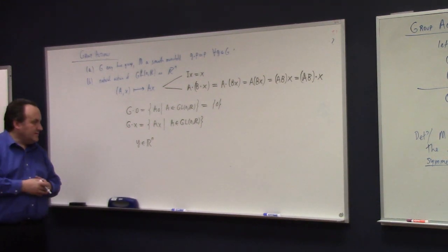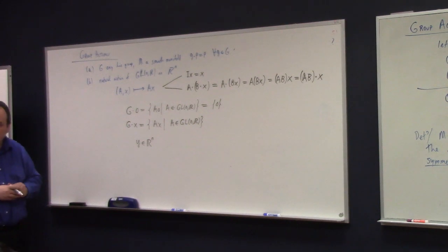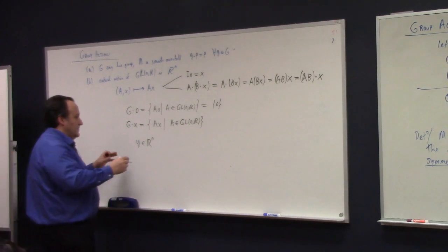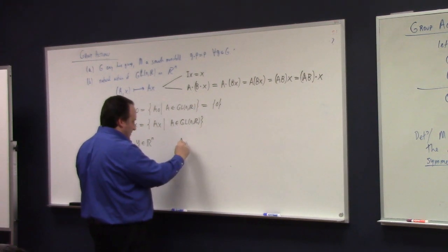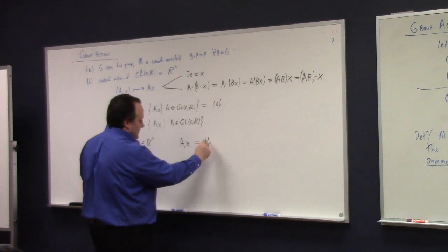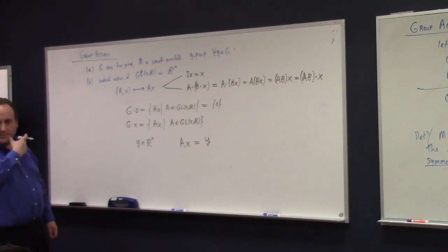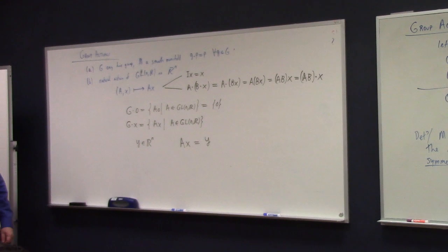Can you tell me how to get to Y? How would you construct an invertible matrix A, which when you multiply it by X gives you Y? Can you do that?